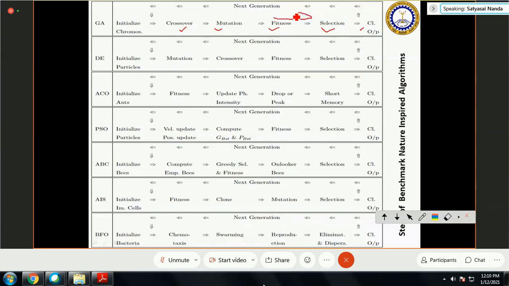If you observe, all these algorithms are iterative in nature. So definitely in these algorithms some computational complexity is always involved. So for online applications, we try to develop evolutionary algorithms which are less complex in nature.